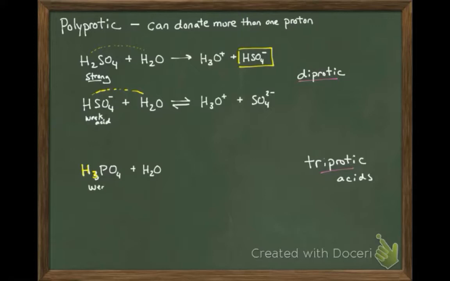This is a weak acid, and so we're going to use double arrows. Hydrogen is transferred to water to produce H3O plus. Right? So H plus H2O makes H3O plus. The charge goes with it. That leaves behind a negative charge and 1 less hydrogen to produce H2PO4 minus.